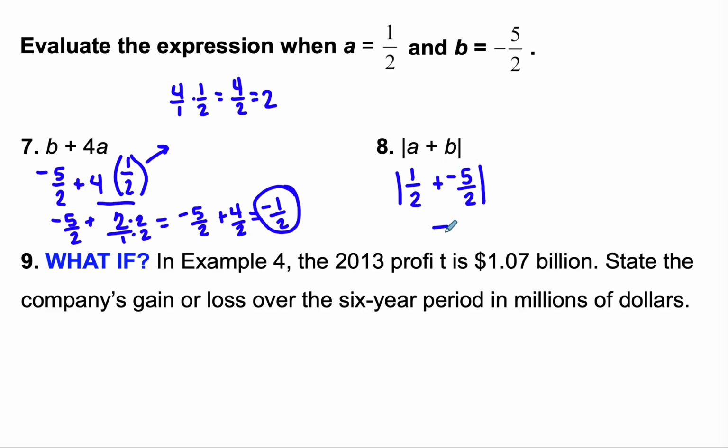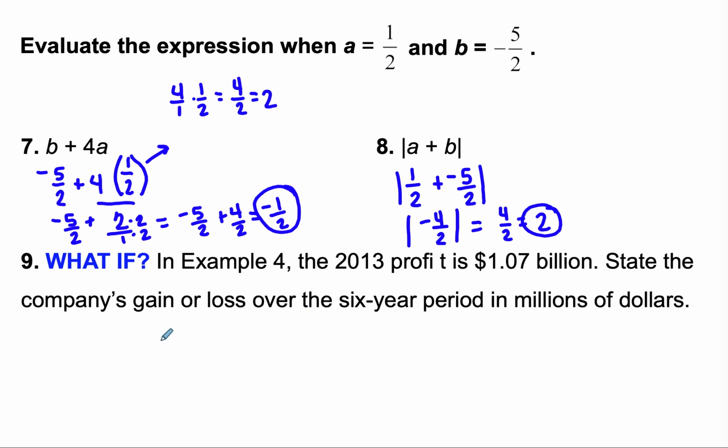I'm going to stay with a common denominator of 2. 1 plus -5, different signs, find the difference. 5 minus 1 is 4. More negatives, answer is negative. So -4/2, and I need to find the absolute value. So absolute value is going to be the positive value, 4/2. And fractions always need to be in simplest form. So 4/2 equals 2.